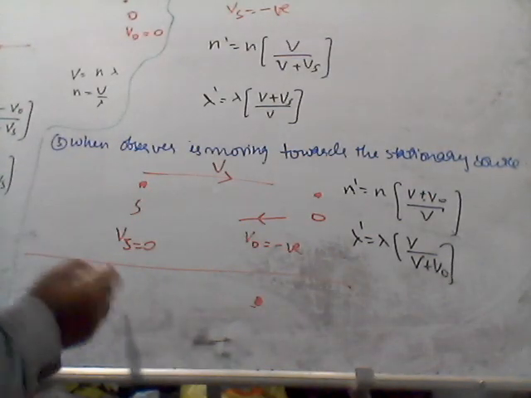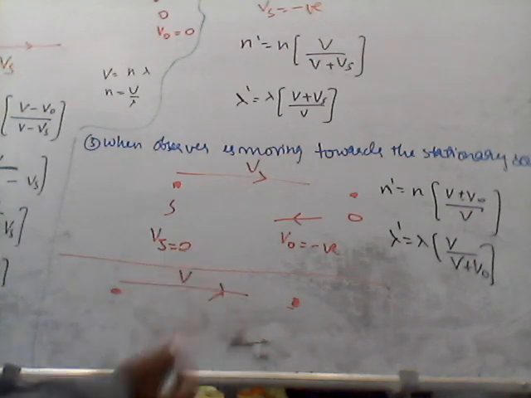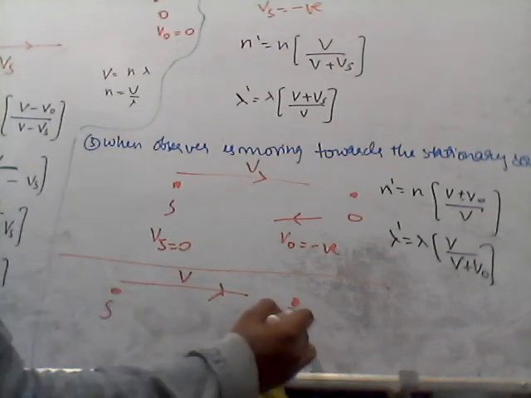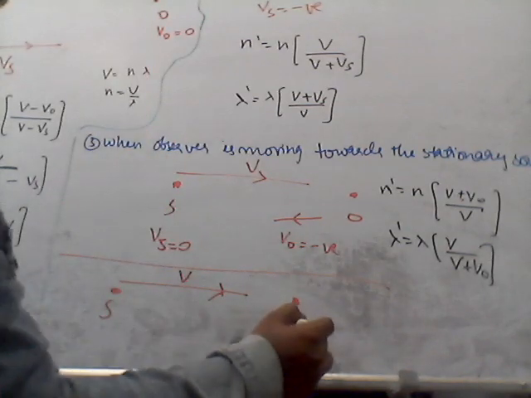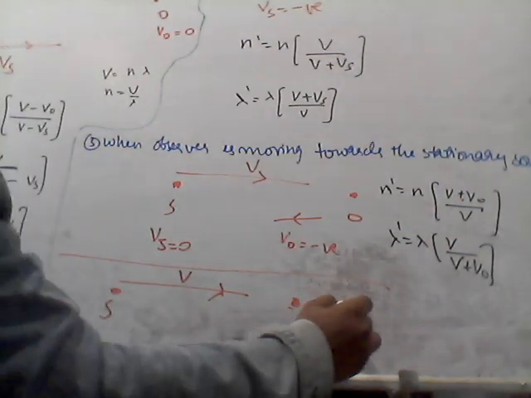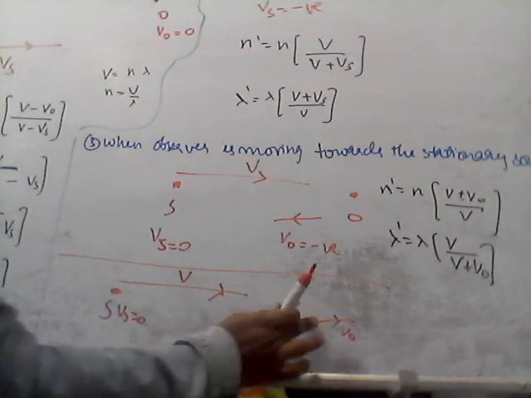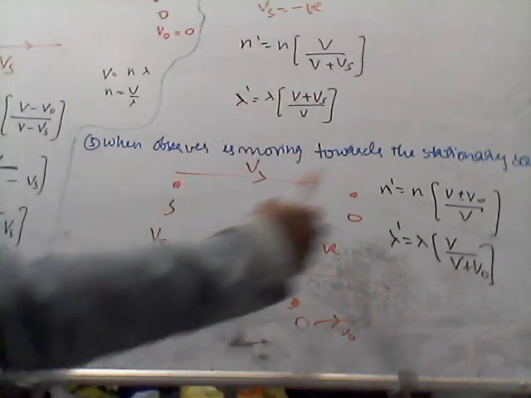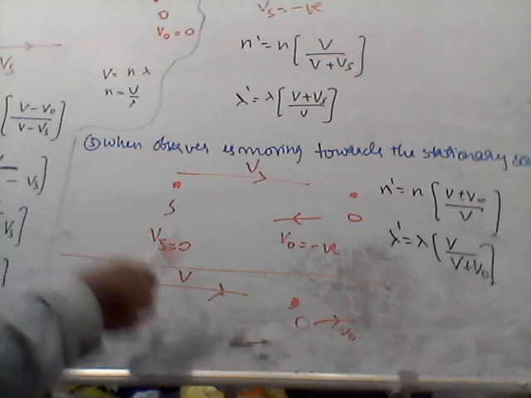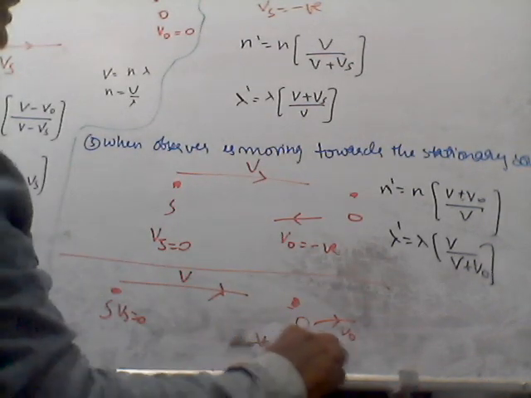In this, try to understand in the pictorial form. This is the velocity of the sound. Here there is the source, here there is the observer. The observer is moving away from the source. VO, Vs is 0. The observer is moving away from the source. When he is moving away, means he is going in the direction of the velocity of the sound. So can I say VO will be positive itself?